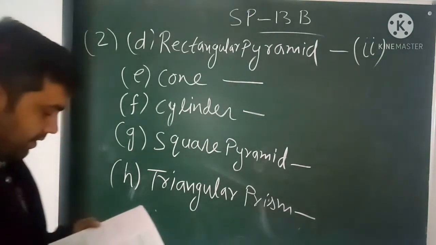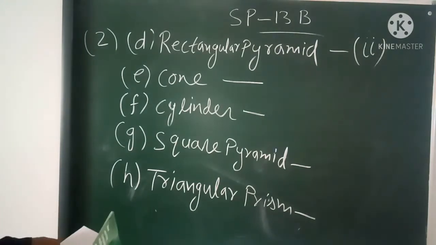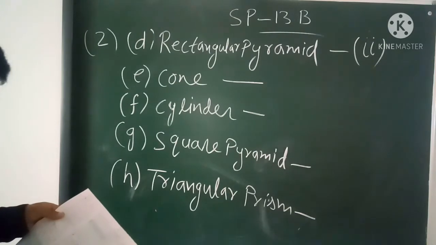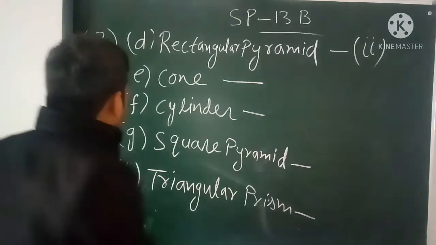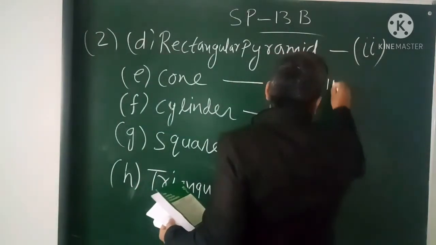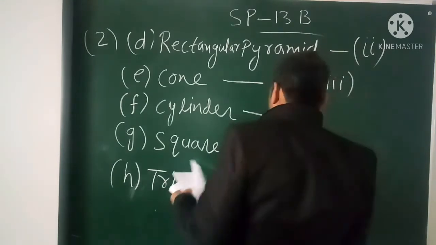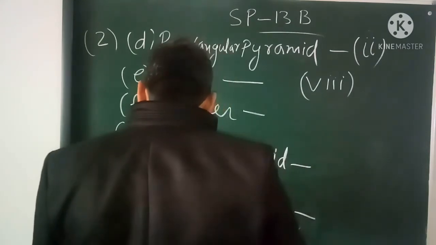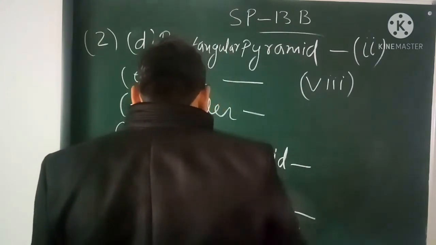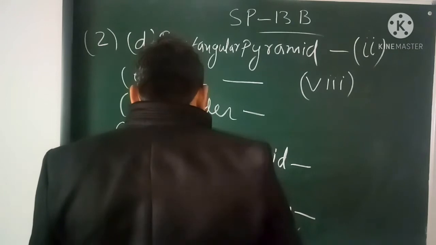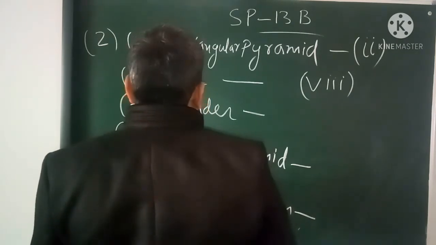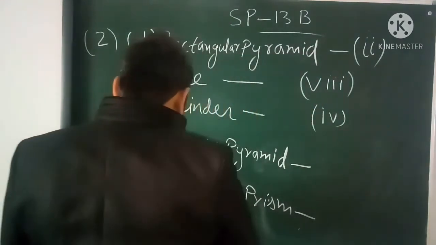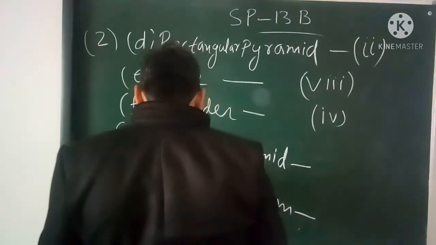Now you can see the first one, that is E, the cone. For the cone we have the 8th structure. Now for the cylinder, the 4th figure.